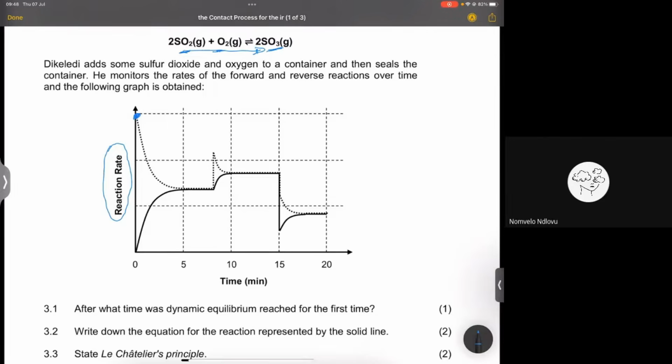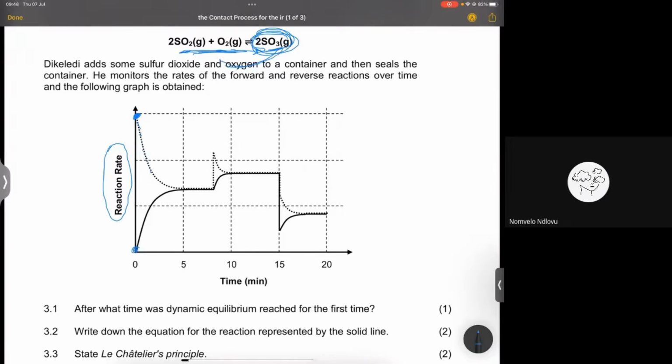You see that the rate is high, and as you use up the reactants, that reaction rate decreases. But the more products I form, the products can now start reacting to form reactants again.